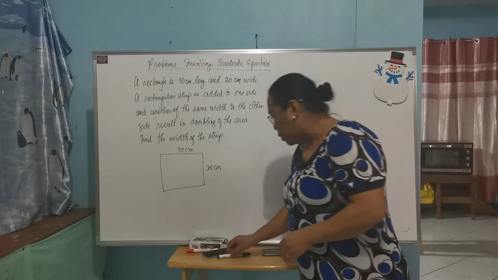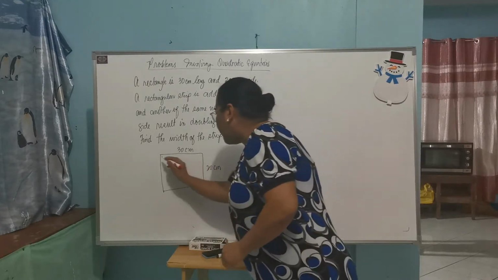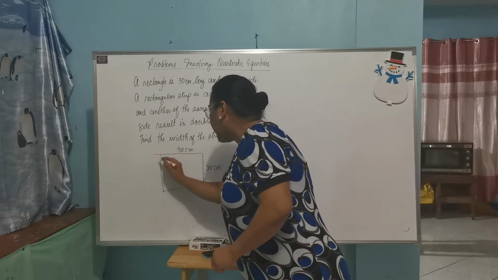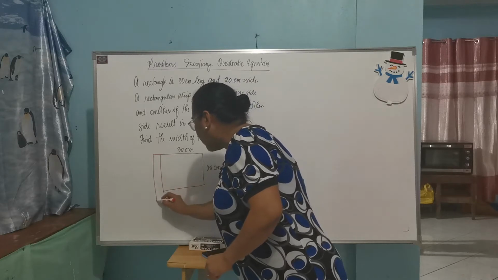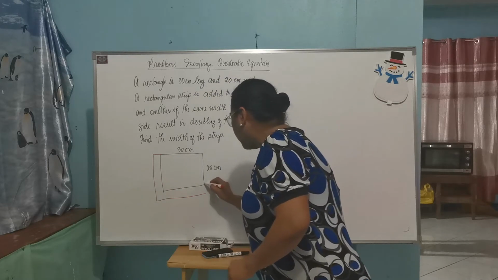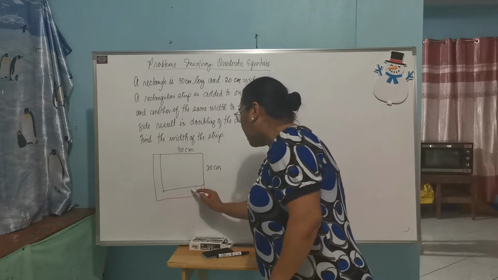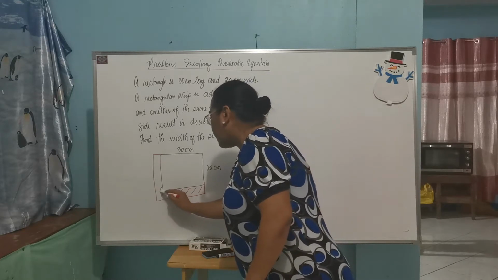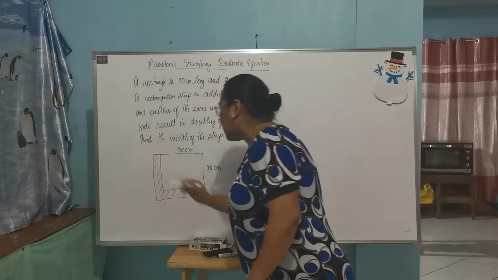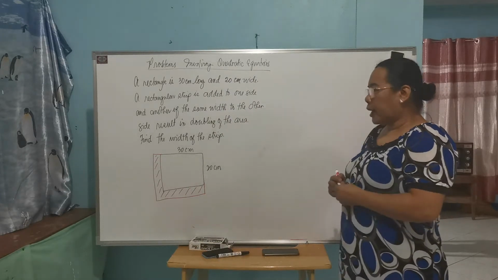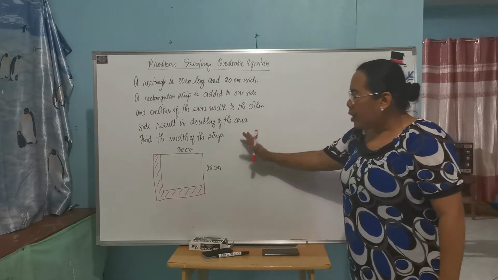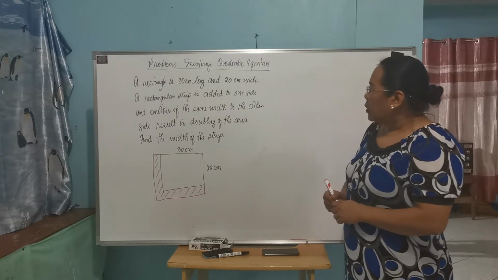So we are going to add a rectangular strip on one side of our rectangle and the same strip with the same width on the other side. So this is now the strip that is added to both sides of our rectangle. Okay, so how are we going to solve the problem?